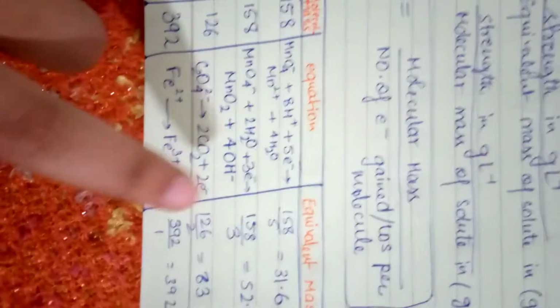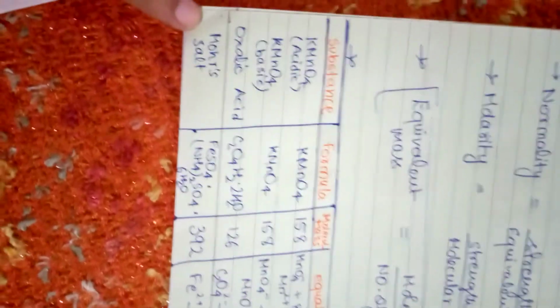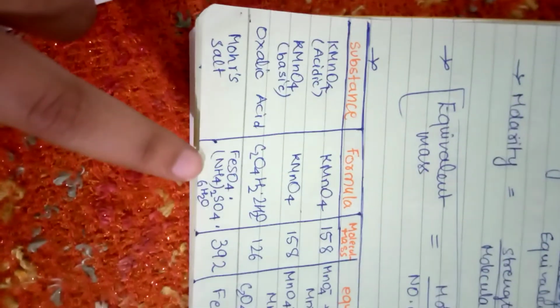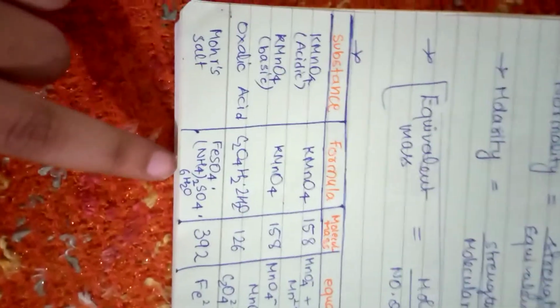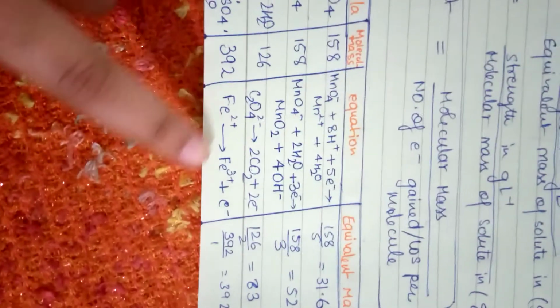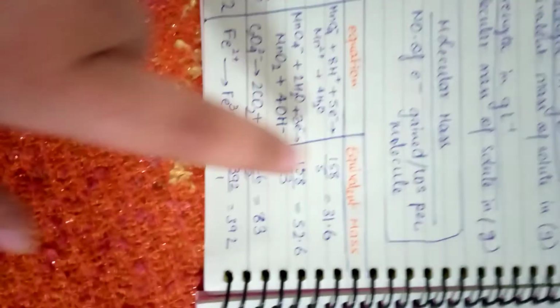The equation involves 2 electrons, divided by 2 we got 63. Mohr's salt formula is FeSO4.(NH4)2SO4.6H2O. Molecular mass is 392. The equation involves 1 electron, so it is 392 as always.